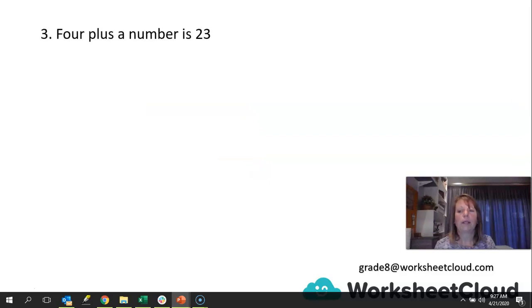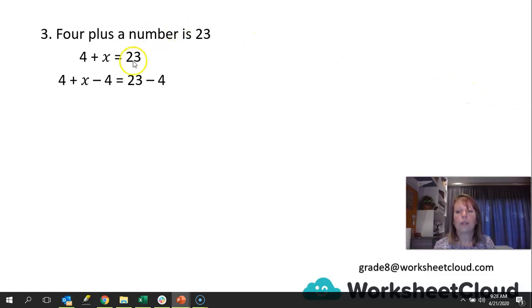Number 3, let's see how you did here. 4 plus a number is 23. 4 plus x is equal to 23 would be your equation. Again, we've got a positive 4 there, which means we have to take 4 away on that side of the x. On the left-hand side, we have to take 4 away on the right-hand side too. So there we go. 4 plus x minus 4 is equal to 23 minus 4.